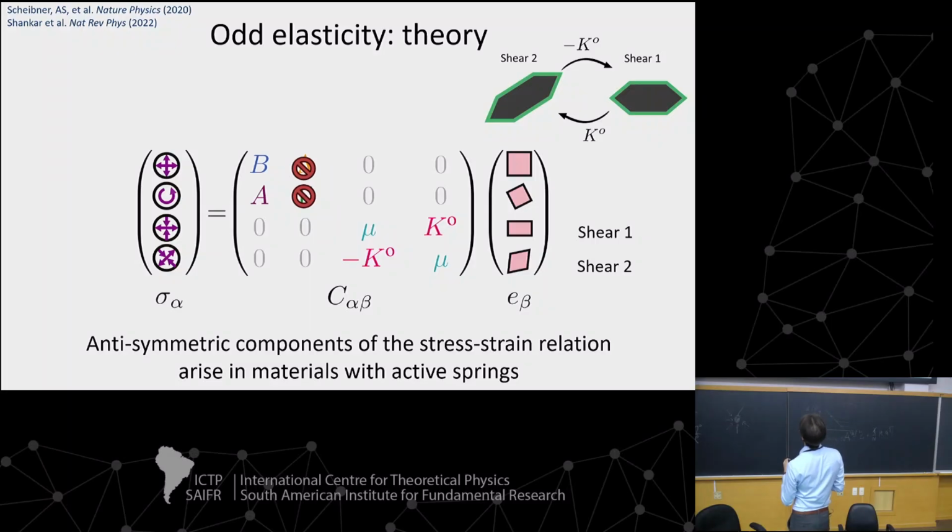Yeah. The reason that these are 0 is due to isotropy. All of these terms can be present in an active solid as long as you break isotropy, because this one in particular is a shear due to an isotropic change in volume, right?